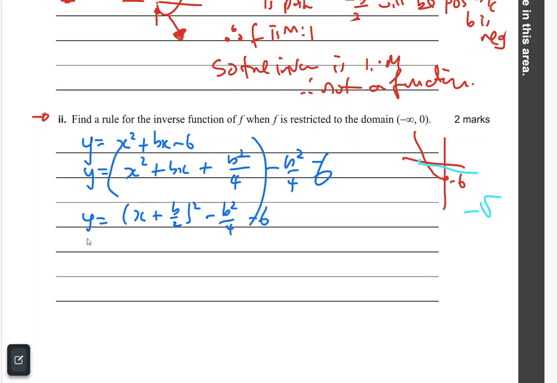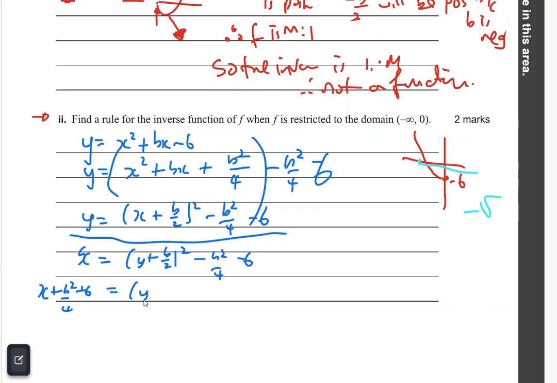I'm going to swap them. x equals y plus b on 2 all squared minus b squared on 4 minus 6. Or x plus b squared on 4 plus 6 equals y plus b on 2 squared.